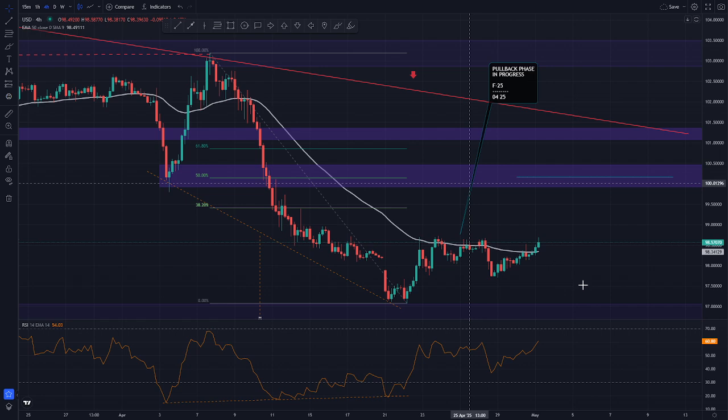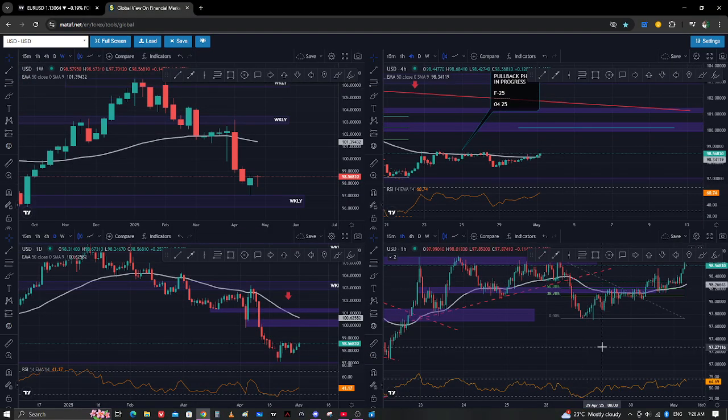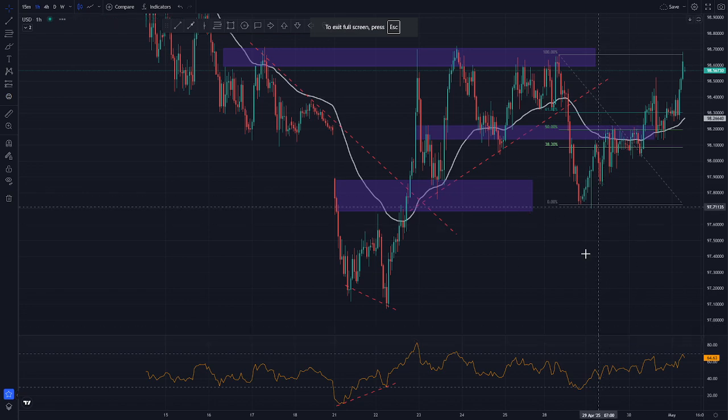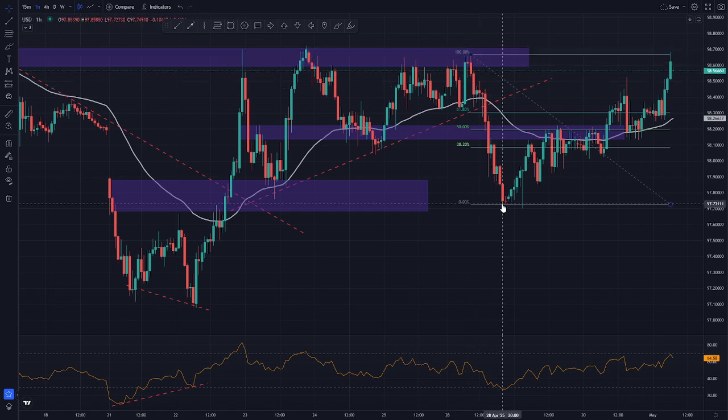All right, so going on to the 1 hour. On the 1 hour chart, I'm seeing an ascending triangle with a bearish breakout. Then all of a sudden we have a return.